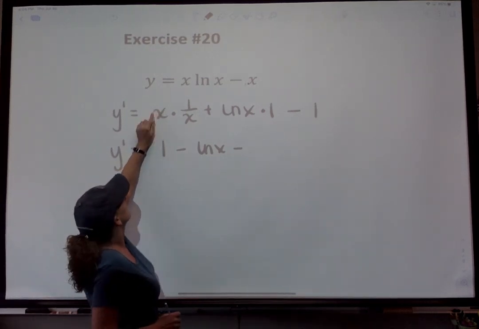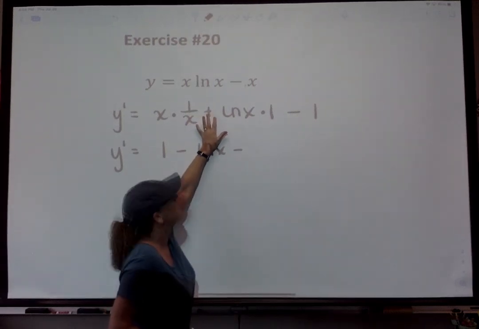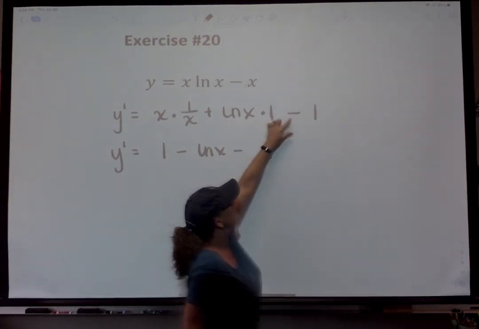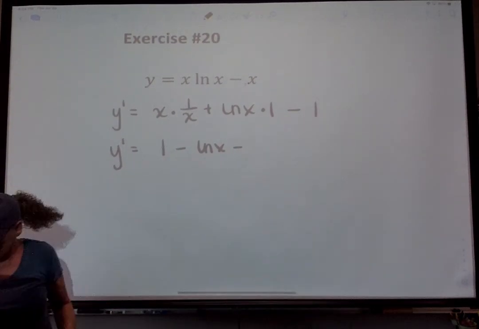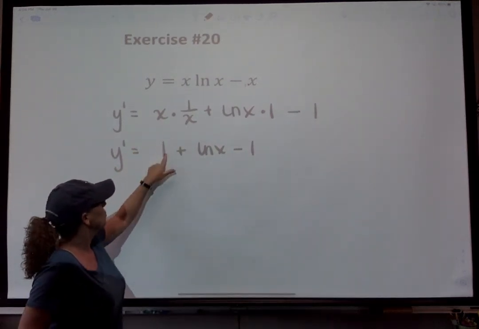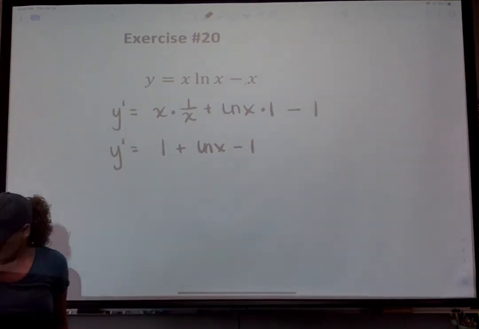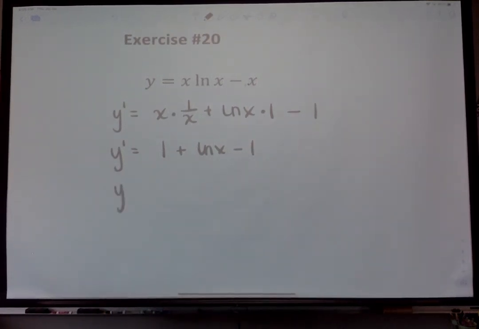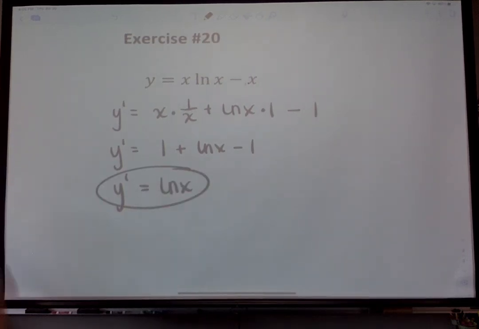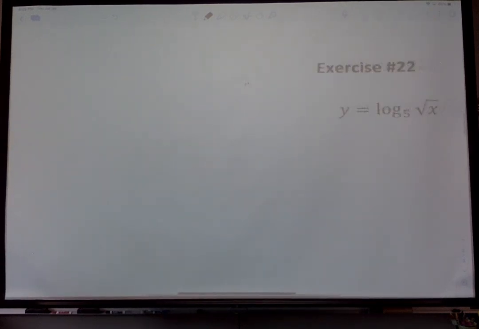Sorry, let me back up. 1d2 plus 2d1 derivative. There we go. So that times that is 1. I still have plus ln x. I still have the minus 1 from over there. And I've got y prime is simply equal to ln x. And last one.